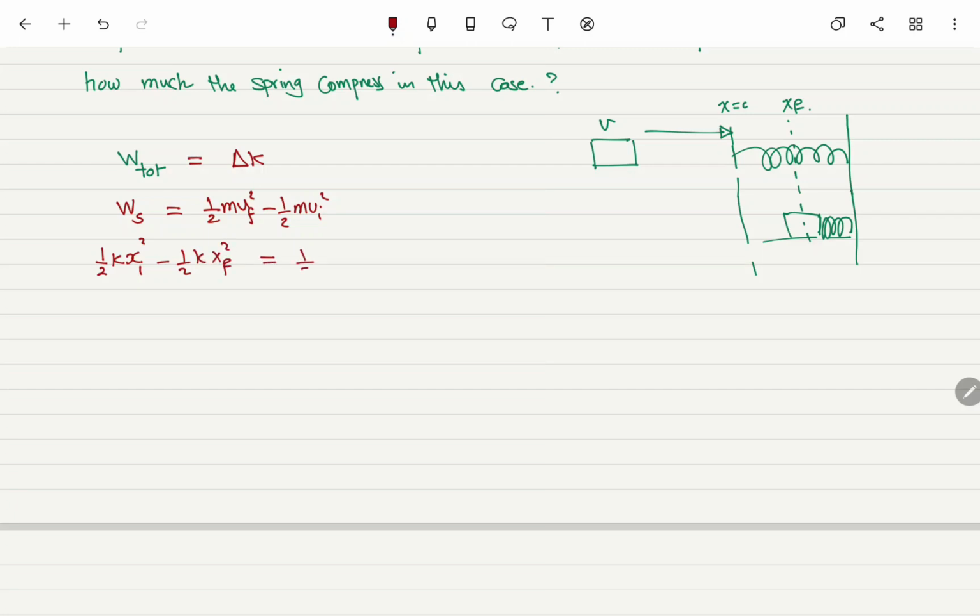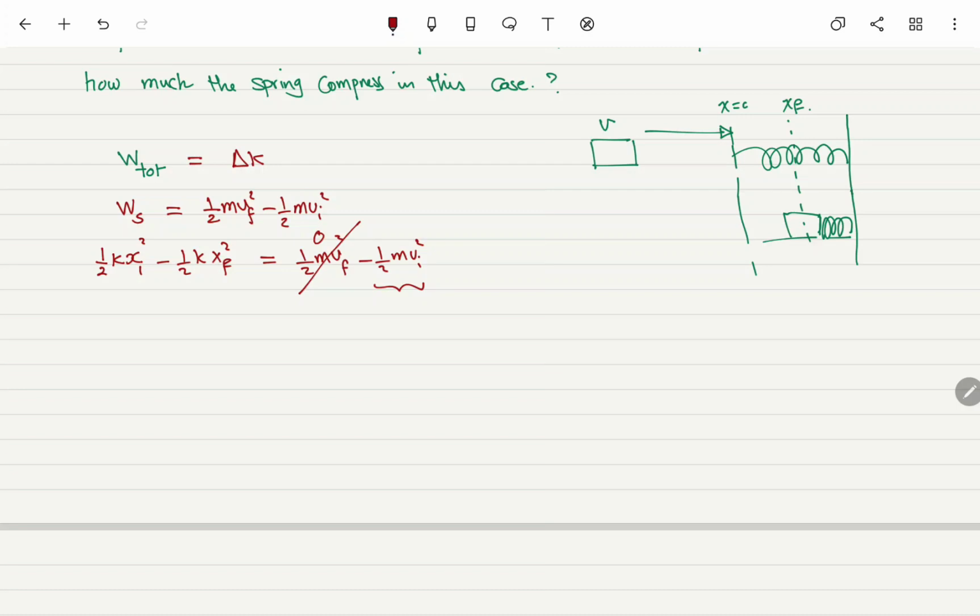The initial speed for this case is v, which is given. The final speed for this box is zero because the spring is compressed to maximum compression, so v final is equal to zero.